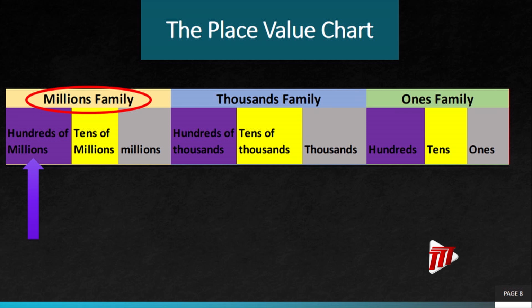So what would be the next family after millions? If you said billions, that's correct. And billions would have a ones member, billions, a tens member, tens of billions, a hundreds member, hundreds of billions. And we can go on forever once you know that pattern. But for your sake, you just need to know only up to the ones member in the millions family. Aren't you lucky?